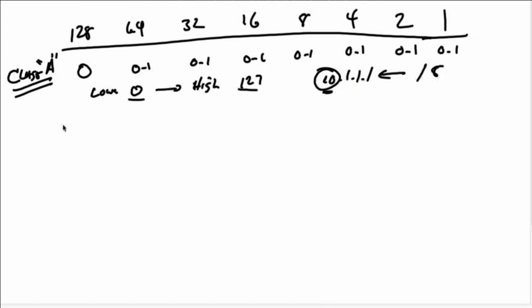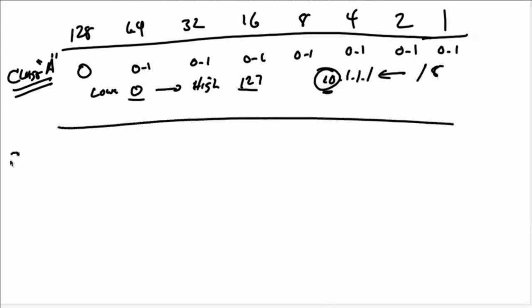So let's take a look at the next one, a Class B address. The Class B address says this one must be 1. In fact, I'll do the ones that aren't allowed to change in red.